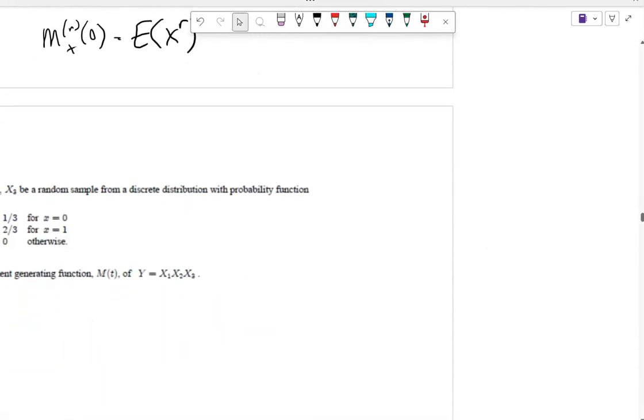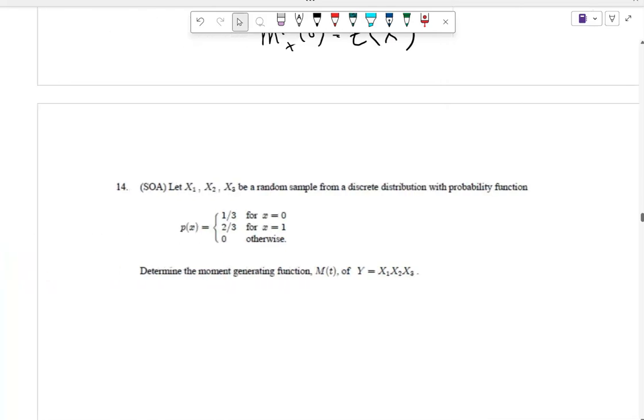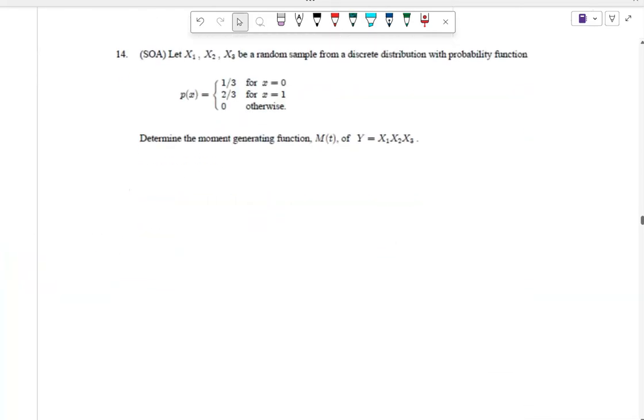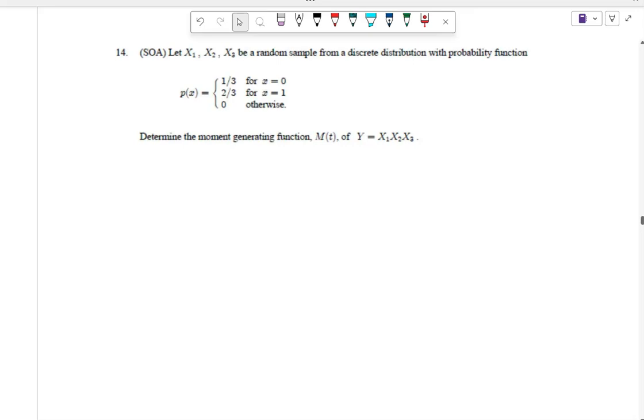All right. This one's a little bit different. This one also looks hard, but it's not too bad. They tell you that you've got a random sample from a discrete distribution.